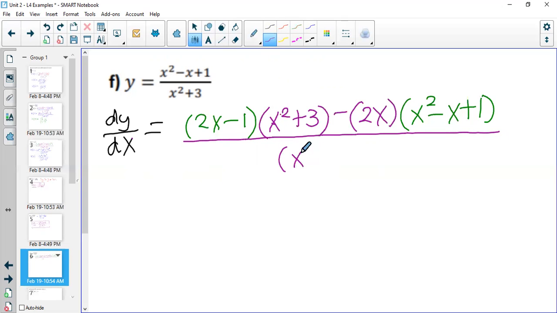I'm going to give you a second to actually expand and use your distributive property.